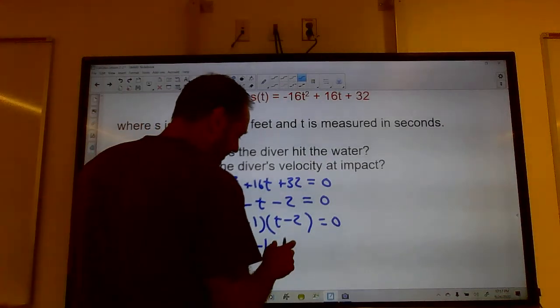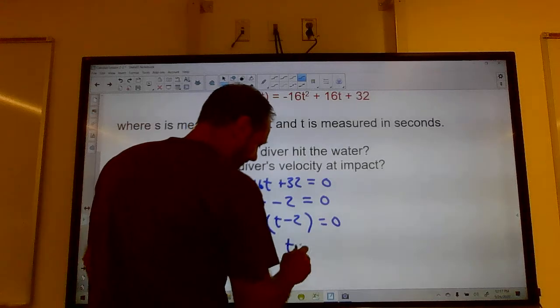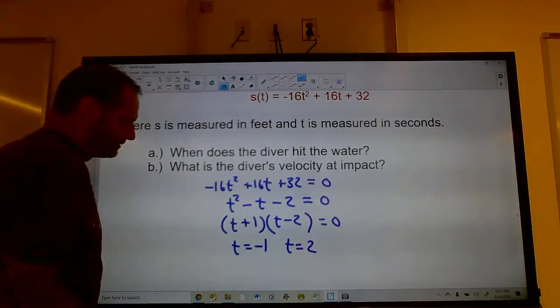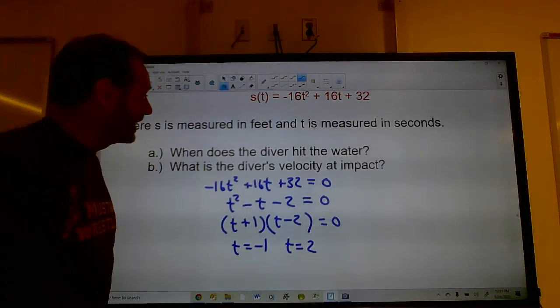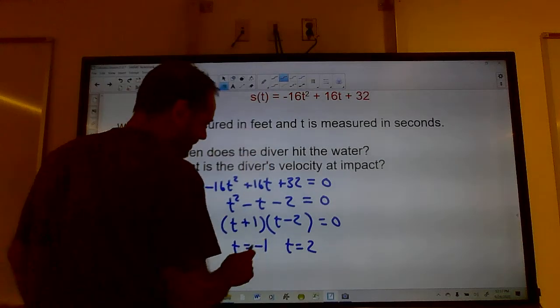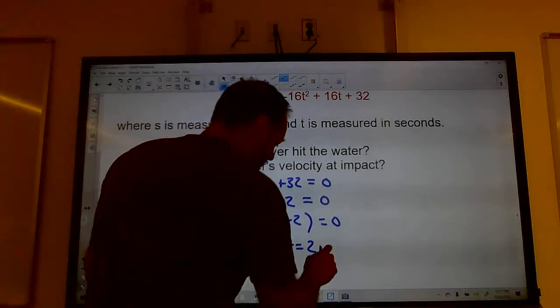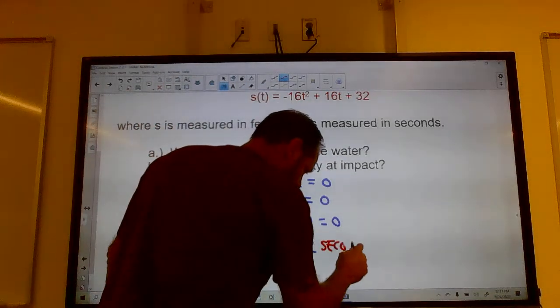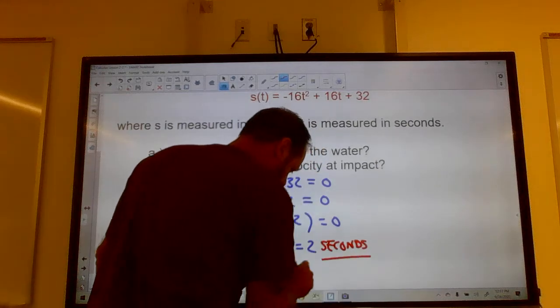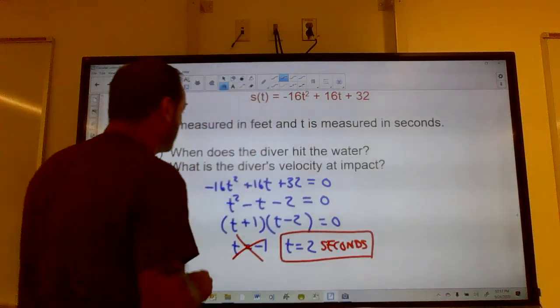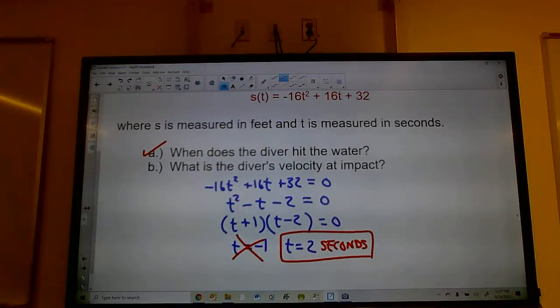Or t minus 2 is 0, which means that t would have to be 2. Now, this is time in seconds. We can't have a negative 1. That's an extraneous answer. So when does the diver hit the water? At 2 seconds. So that answers question A.